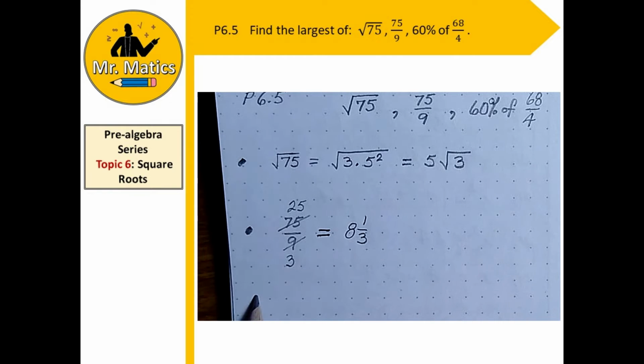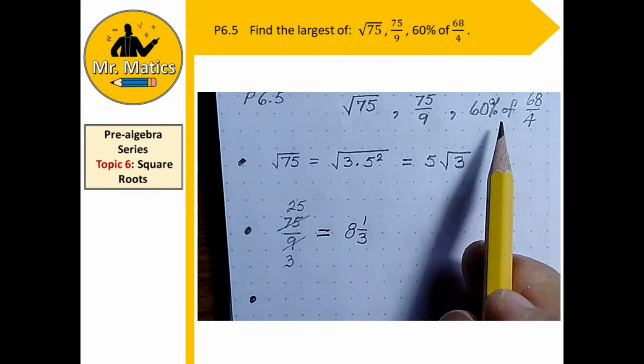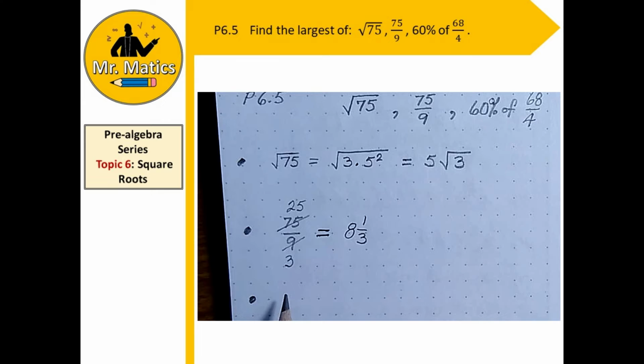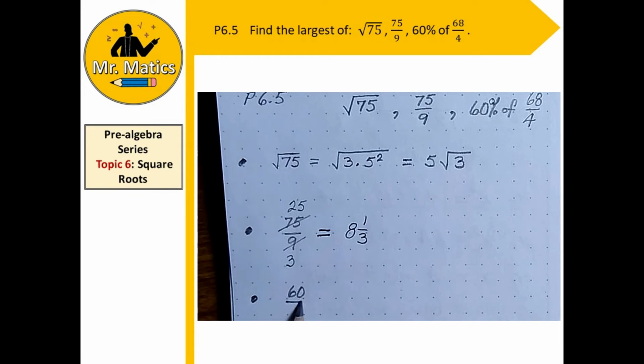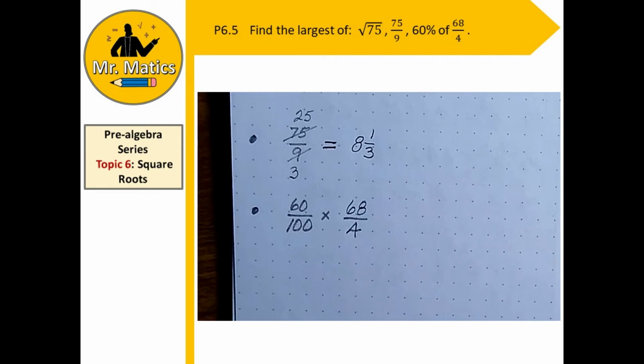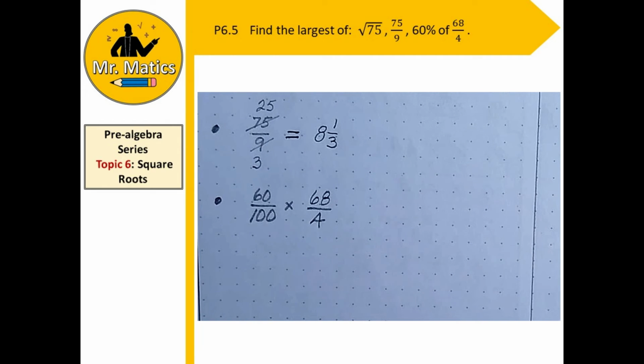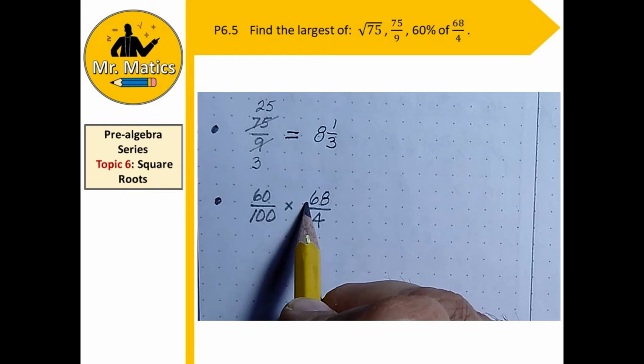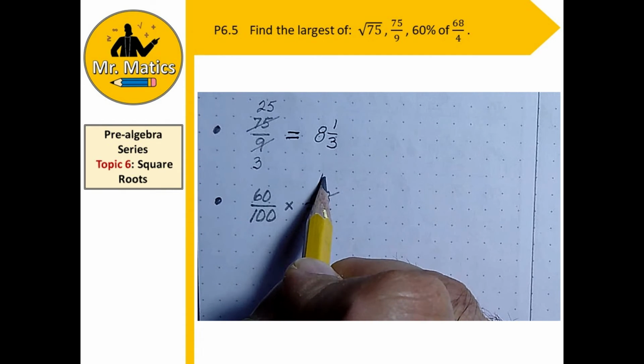And then the final one is 60% of 68/4, which I can write as 60/100 times 68/4. Now I know that 68 is 17 times 4, so I'll cancel the factor 4.